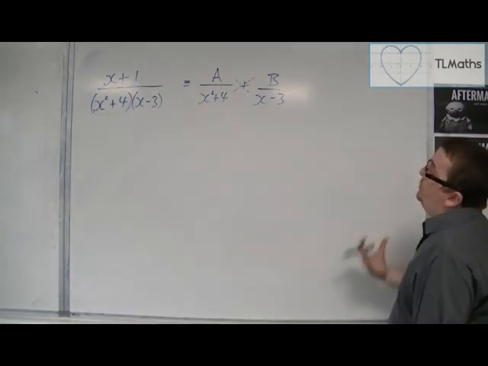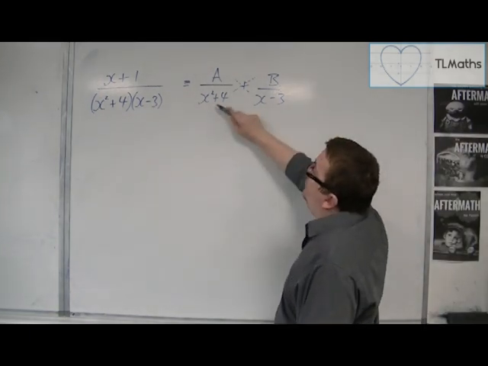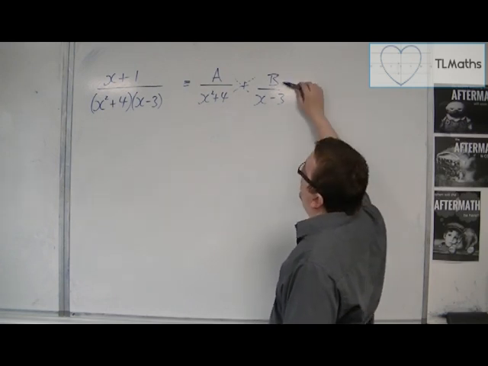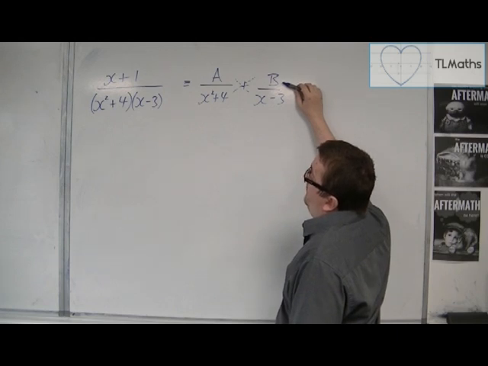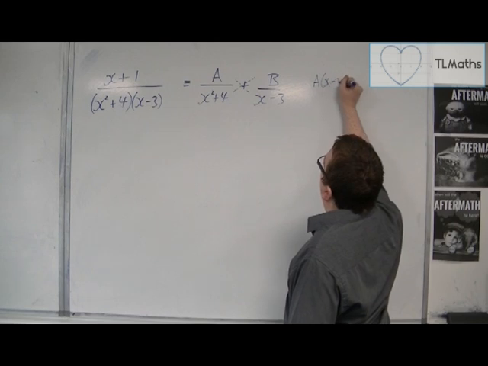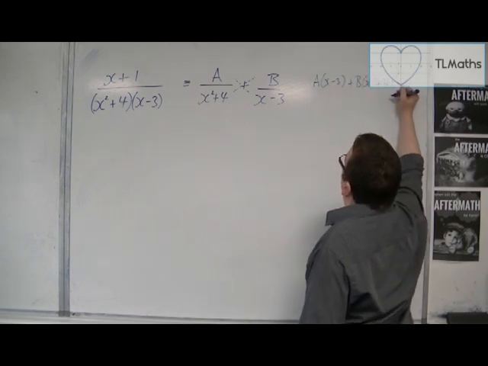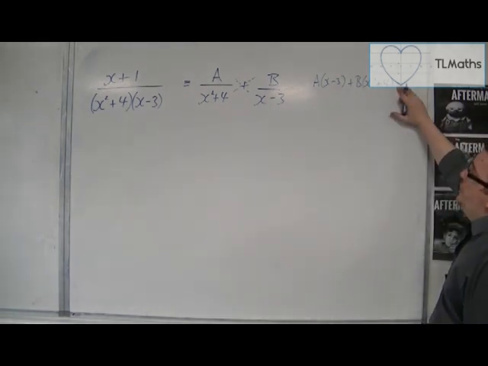But in order to do that, because you'd have an x squared term, you'd need b to be 0. So what I'm saying is that you'd have a lots of (x minus 3) plus b lots of (x squared + 4) in the numerator. Don't worry about the denominator for the moment, but that would be what's in the numerator.